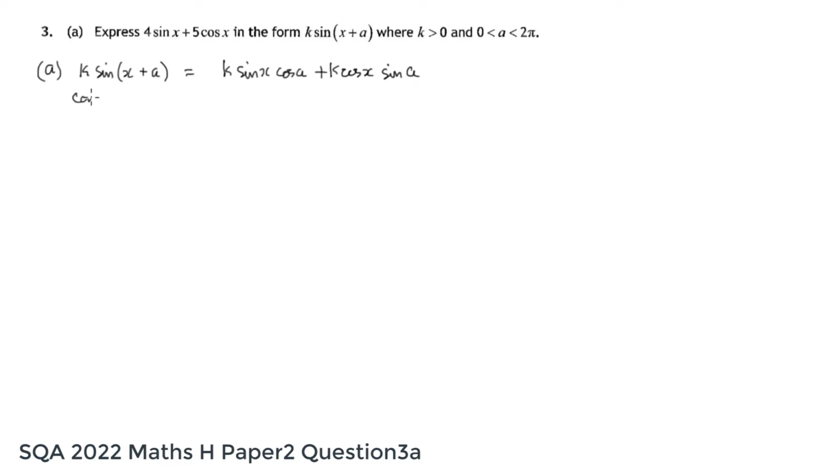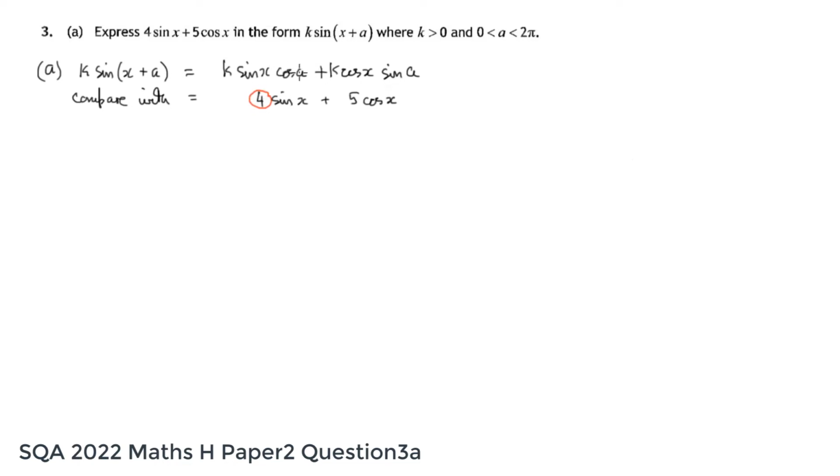And we compare that with the form we're trying to change. That's the 4 sine x plus 5 cos x. Now, this deserves coloured pencils out. The number times sine x, the coefficient of sine x, is 4.